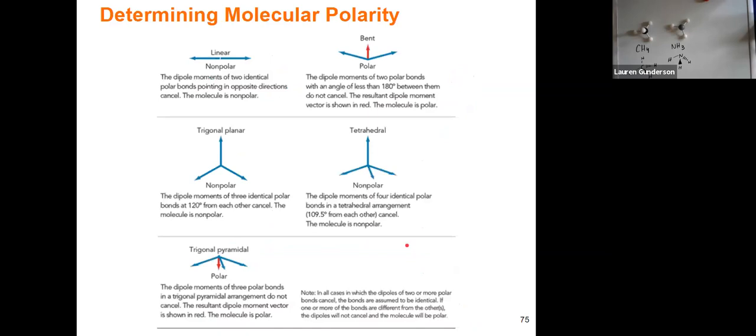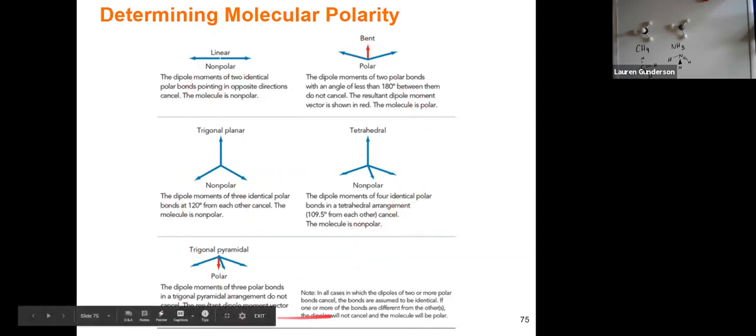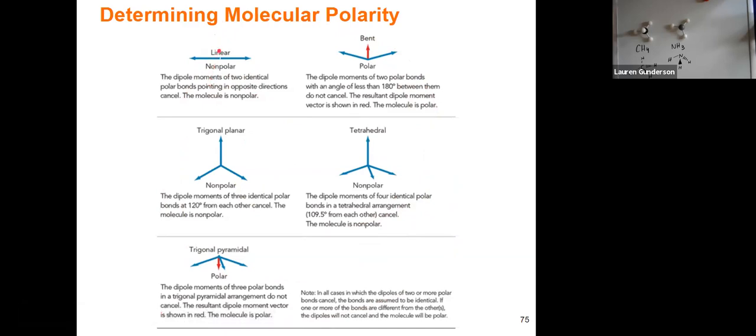All right, so this is kind of a translation of what some of that will look like. If you have linear geometry and two terminal atoms that have the same electronegativity, you will have a nonpolar molecule. This chart assumes that you have things that are the same electronegativity, okay? Because you can have something that's linear, but if you have two things that are very different in electronegativity in each terminal atom position, you would still have a polar molecule.